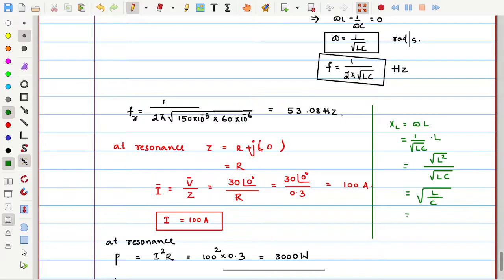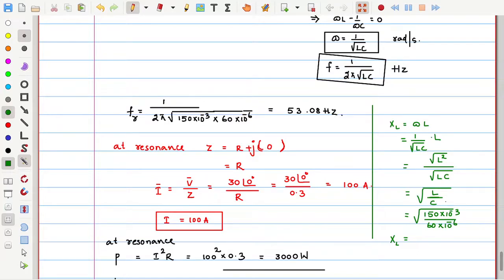How much is square root of L by C? See, L is 150 milli, C is 60 micro. You will get some value. Check it. How much is this value? This is what XL is. Omega is 1 by square root LC; I substituted this value.